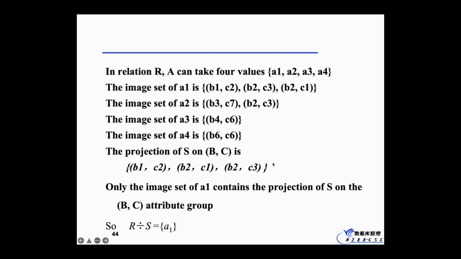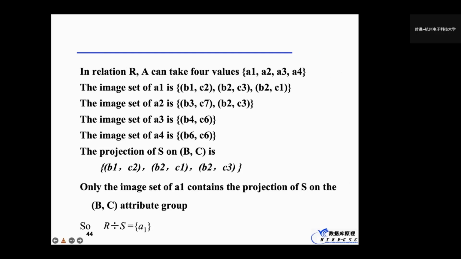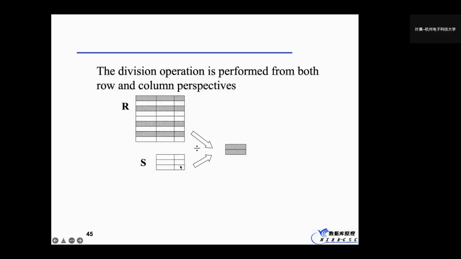So the division operation is performed from both row and column perspectives. So we can see if you want to make R divided by S, we get a result like this. And then we can see the implementation of 5 basic operations.